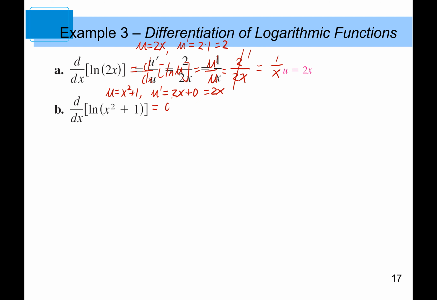You rewrite this as d dx Ln of u, which is equal to u prime over u. So u prime is 2x, u is x squared plus 1. That's it. The key thing here is to figure out u. U is whatever is inside the parentheses. Find u prime. Then you find the derivative.